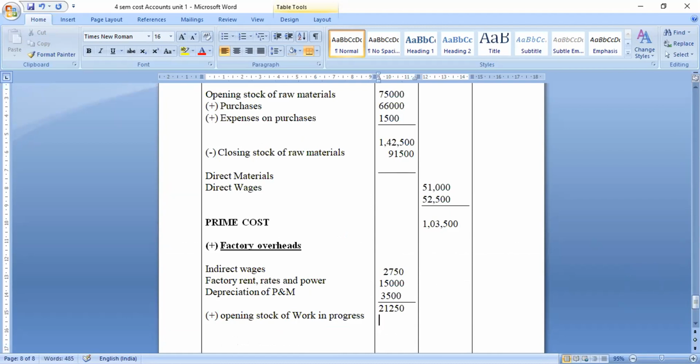So opening stock is 28. So if you add this, that will be 49,250.